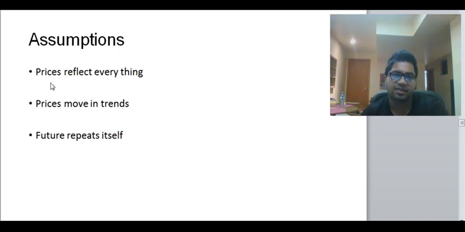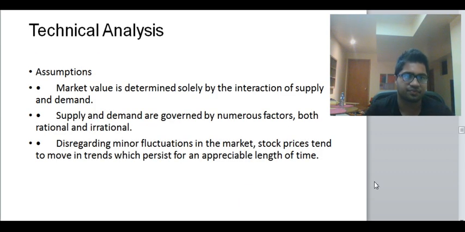Assumptions of technical analysis: prices reflect everything, prices move in trends, and the future repeats itself. So by looking at the past, finding the patterns or mistakes that investors have made, we can reasonably predict the future.